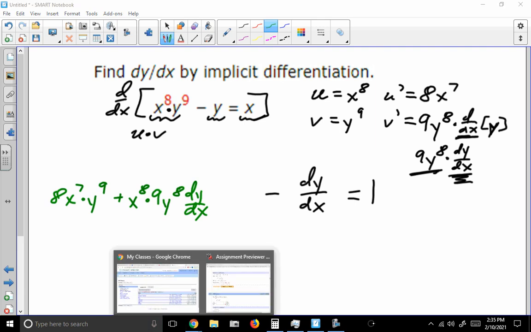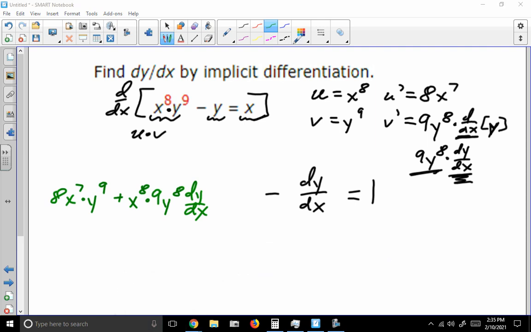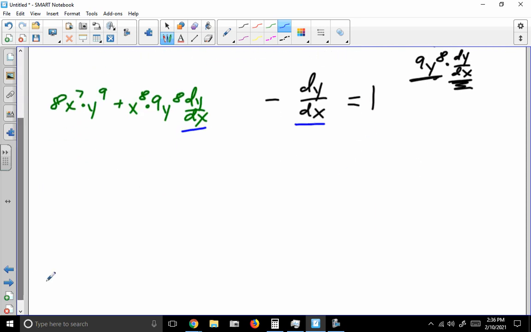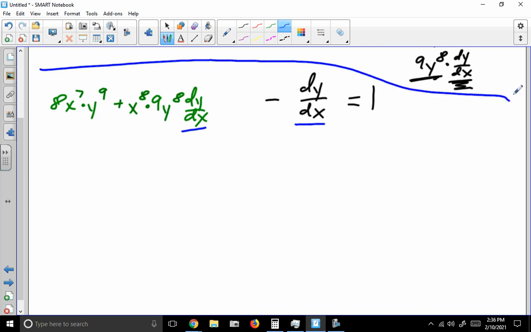All right. So notice we have dy over dx in two different places. So in order to solve this for dy over dx, we want to isolate those two terms on one side, put everything else on the other side. So subtract this from both sides, so that those cancel.